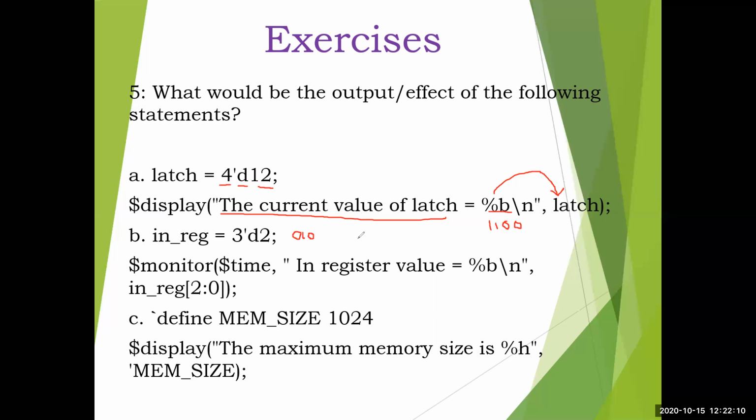Okay, so all the three values will be written over. So in register value equal to 010, and time will be taken. Okay, so that is the answer. You write any answer for time. Next I will show you what the time is. There is no time mentioned here, so by default 0 will be there. Okay, initial time is 0.